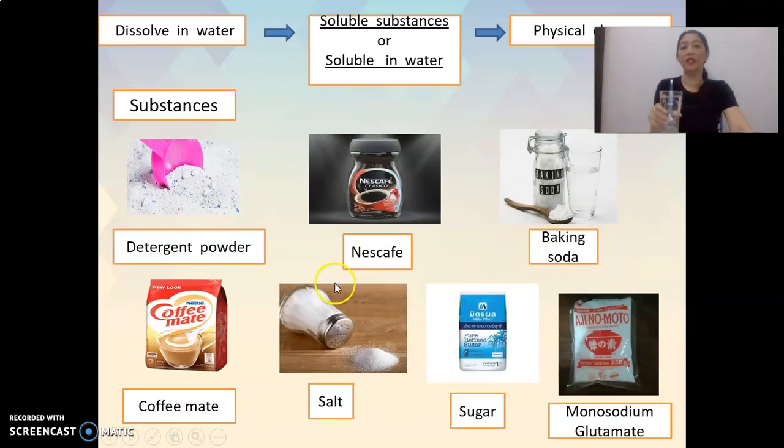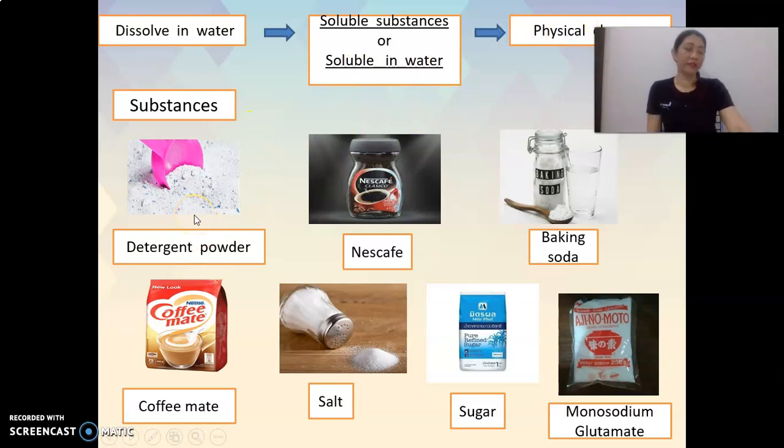So, these are examples of substances dissolved in water. They are soluble in water. And this is physical changes.